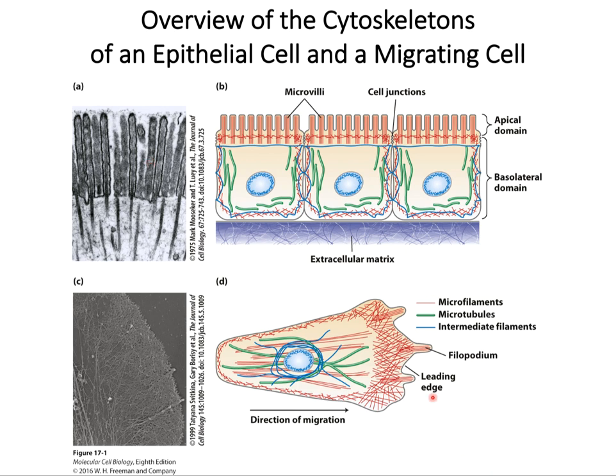At the bottom is a migrating macrophage, which is one type of white blood cell moved into the tissues. And we have talked about this phagocytic cell a lot of times. They do have a complex array of actin microfilaments at the leading edge for the process of chemotaxis and phagocytosis to pursue, capture, and destroy infectious agents or old cells.